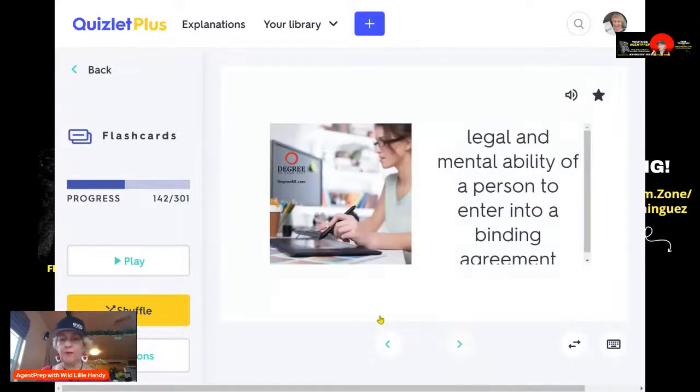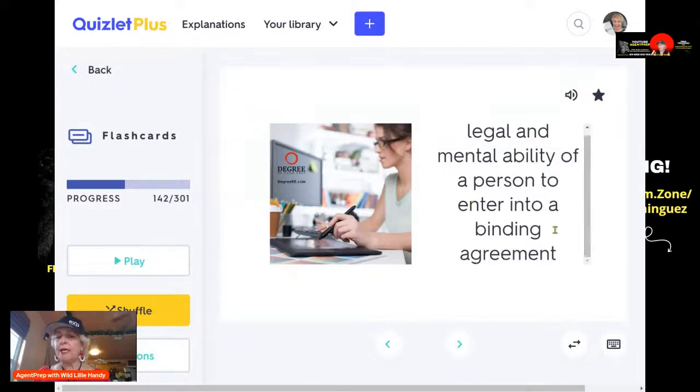All right, 142. Legal and mental ability of a person to enter into a binding agreement.